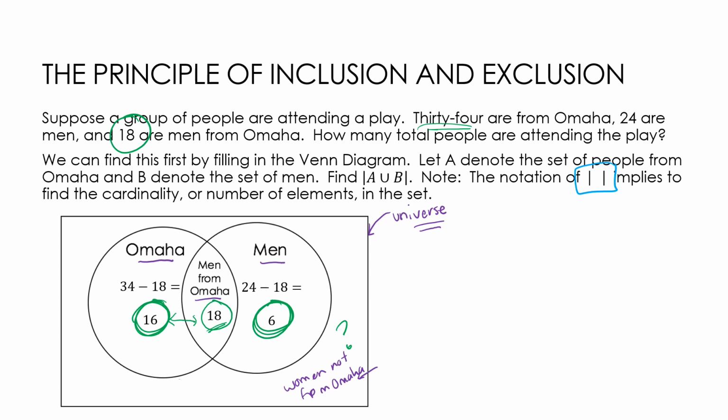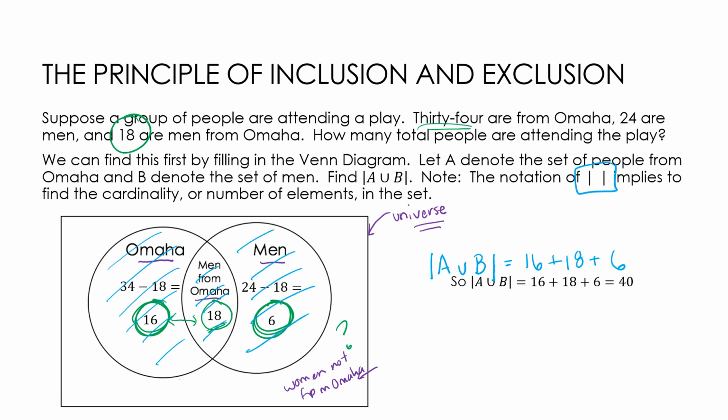So essentially what we're asking here is to find A union B, which would be find the number of elements in the set of A union B. So we would take 16 plus 18 plus 6. That would be everybody here, and everybody here. So we end up with 40 total.